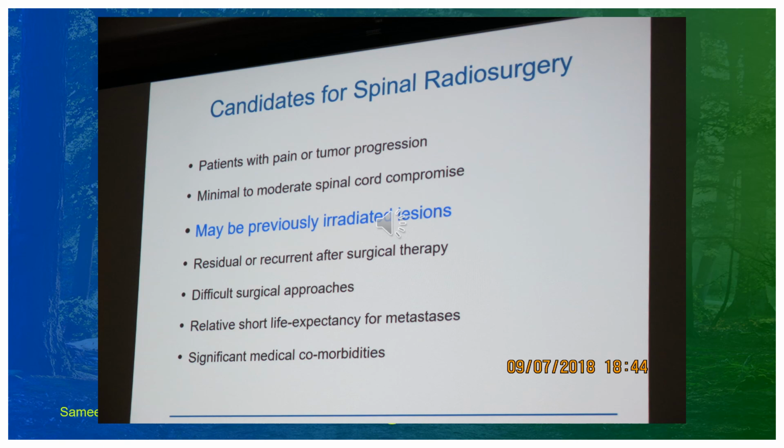So a patient who develops a recurrent lesion after surgical excision, or has a residual lesion after surgical therapy, can be treated with SRS to eradicate the residual tumor. And a patient with difficult surgical approaches, especially in the cervical spine or the craniocervical junction, a patient with short life expectancy, and a patient with significant medical comorbidities.